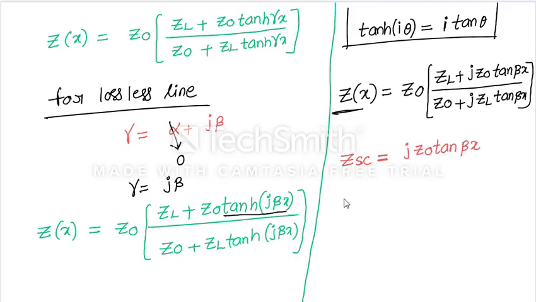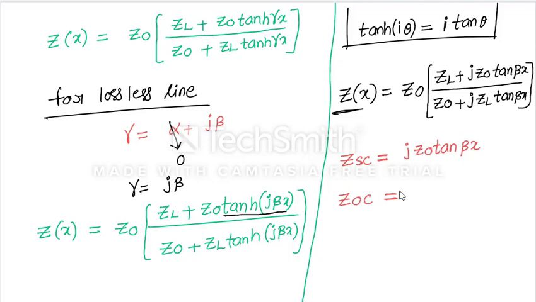Now similarly I want to get the Z OC, which is the open circuited line. An open circuited line means ZL tends to infinity. So we need to differentiate this with respect to ZL.